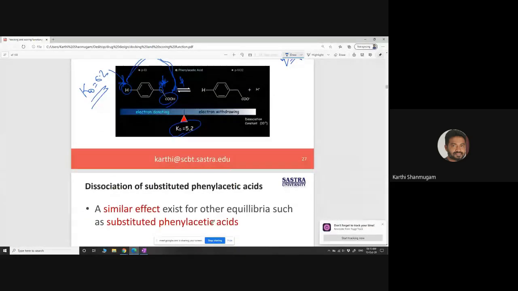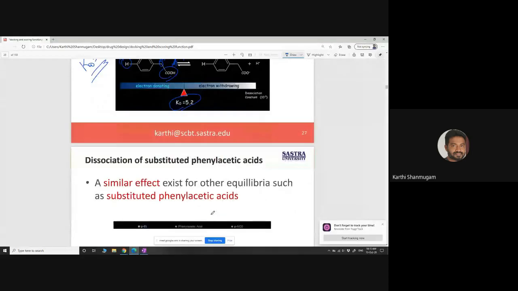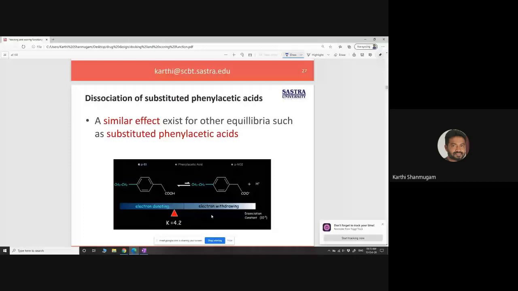For the unsubstituted phenylacetic acid it is 5.2. When he replaced the hydrogen with CH3CH2, the calculated K value is 4.2. Is it increased or decreased? Decrease, sir. The value is now decreased, right?